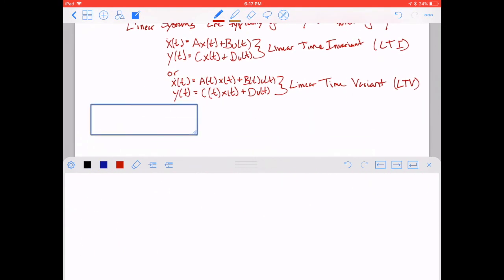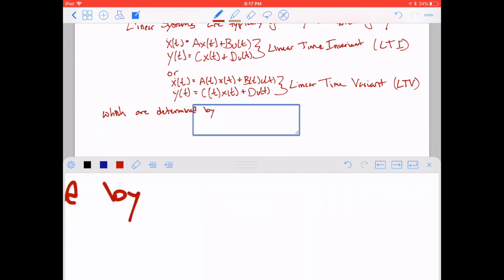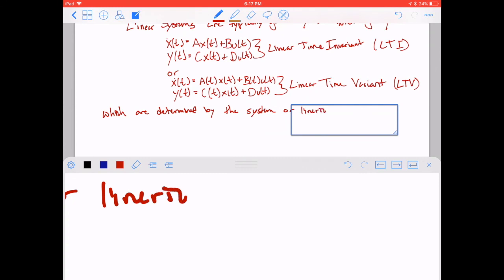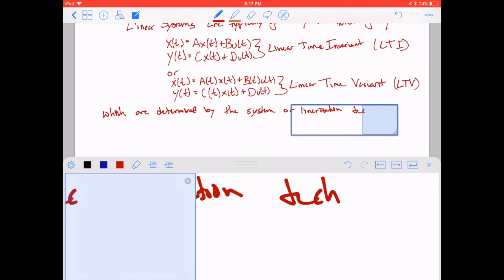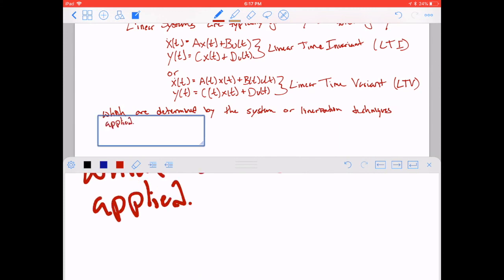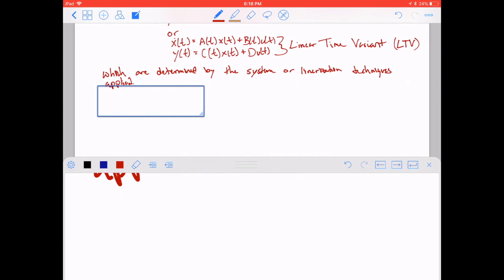And the main differences are typically determined by the system or the linearization techniques applied. So remember, everything in life is nonlinear. It's through our assumptions and our modeling that we take those nonlinear systems and reduce them down into something we can apply these linear systems tools with. Because again, deriving controllers and analysis for nonlinear systems is very complex.